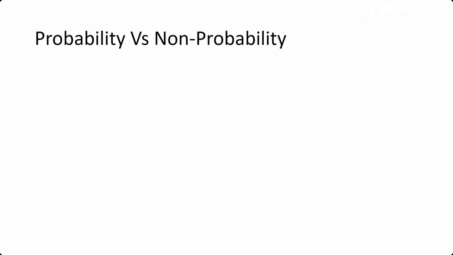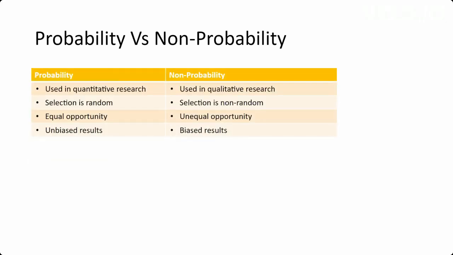So the question which comes to mind is, what are the major differences between probability sampling and non-probability sampling? This can be discussed through this table which I created, comparing probability sampling and non-probability.